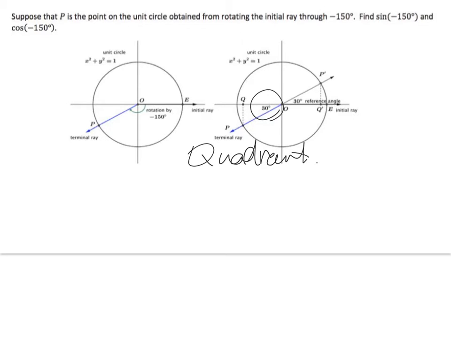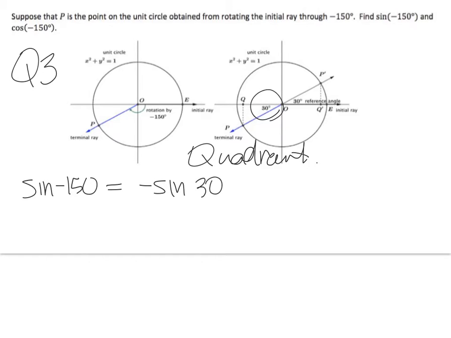So for this first example, we're in quadrant 3. So what are we finding? We're finding sine of negative 150, which is negative sine of 30, which is negative 1/2.